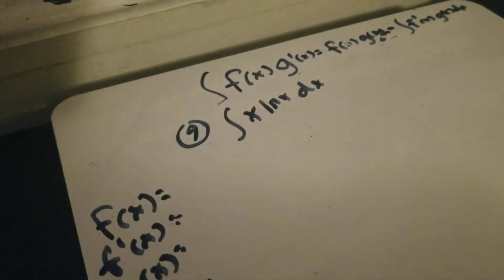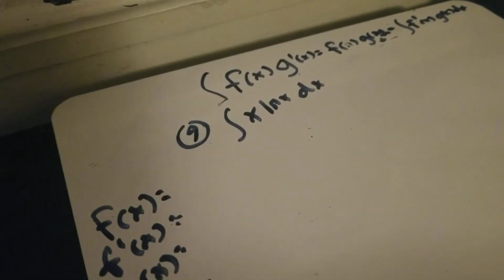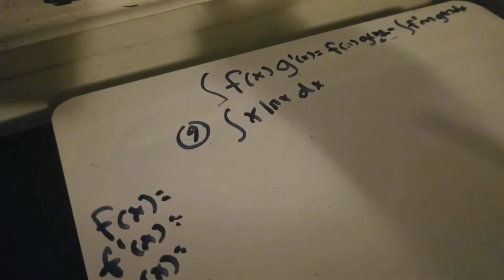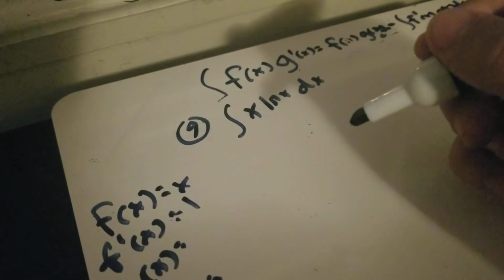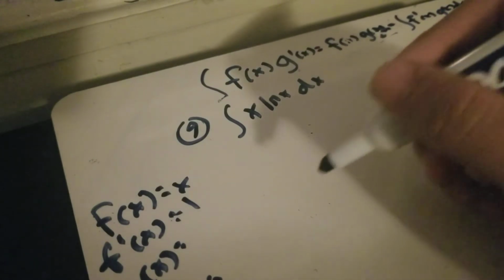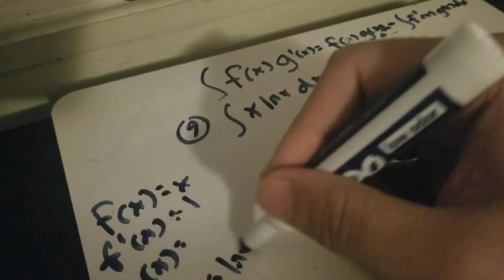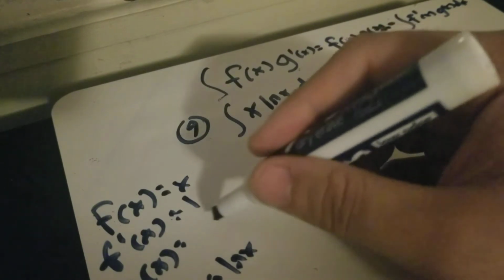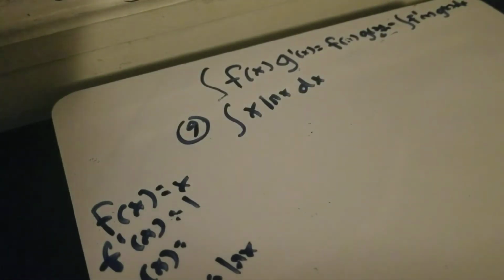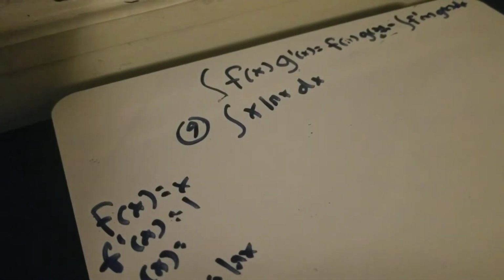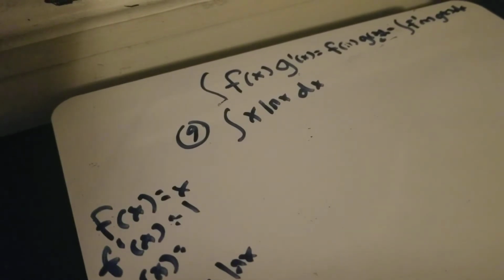All right, number 9. So this one's going to teach us something very interesting. Now, I'm going to go with what would be instinctual at this time, and I'm going to call f of x x in this one, which reduces this to 1. And we're happy for that. Then, if you do the antiderivative of ln x, we could look at that Khan Academy video, but it became this real complicated gobbledygook.